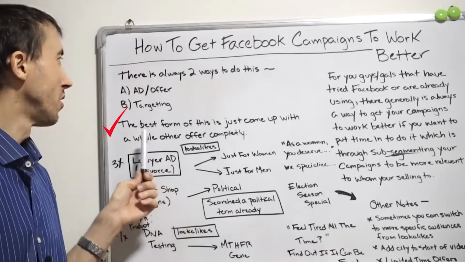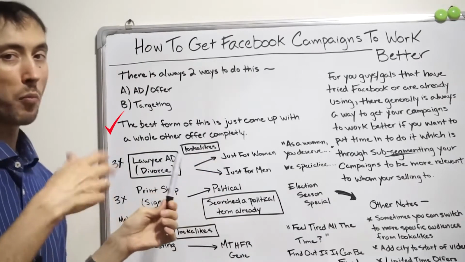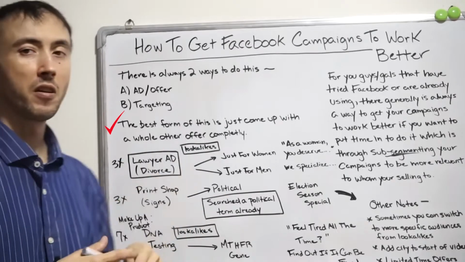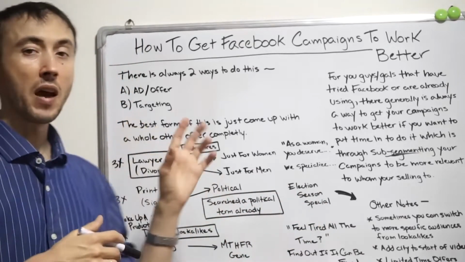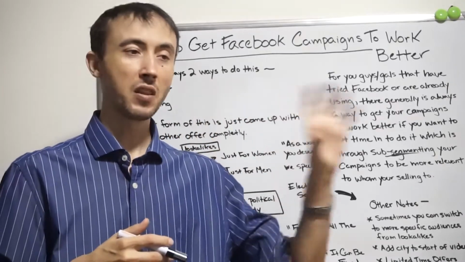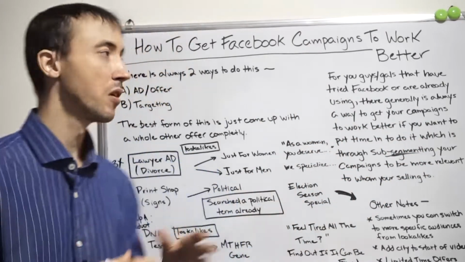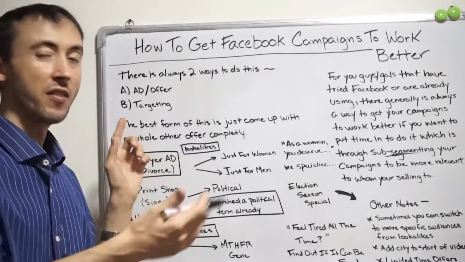But in general, the best form of subsegmenting to get more profit from a campaign right away is to come up with a whole other offer completely, and that means at the very least coming up with messaging and an offer that's good for one specific customer type, and that being your main way this works.